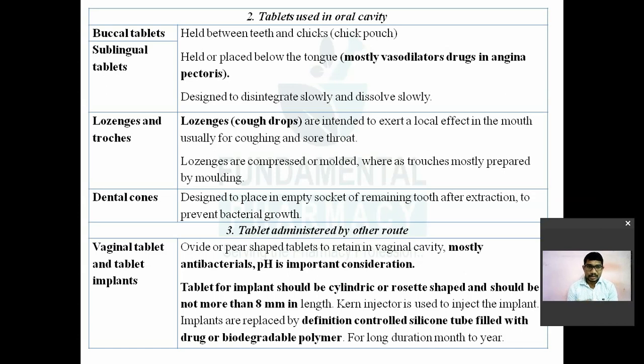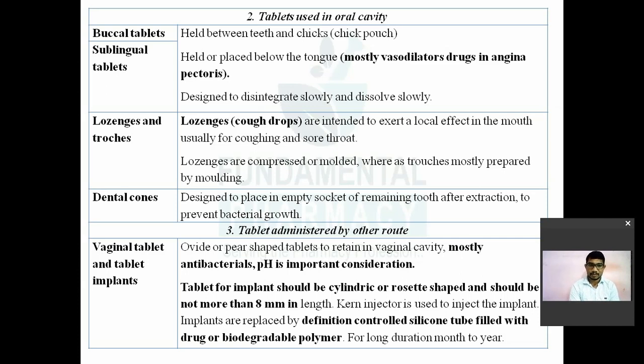Now tablets made for implants. Tablets for implants should be cylindrical or rosette shaped and should not be more than 8 mm in length. कि implant के लिए जो tablet, implant means what? Implant means they make a small surgery below the skin.